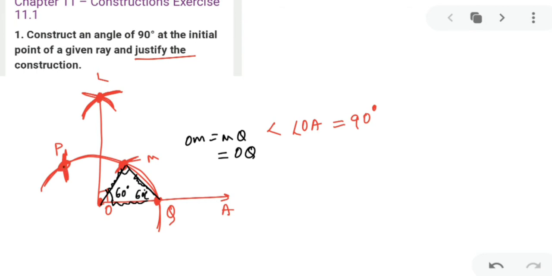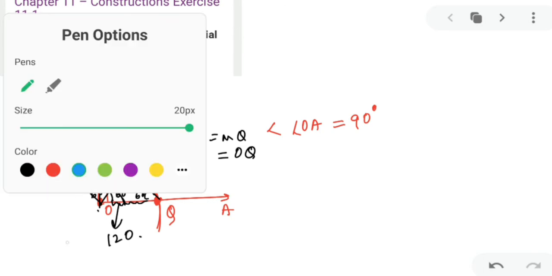Similarly, if you want at the back also, you can join all three. Similarly, this will be an equilateral triangle with 60 degrees each. Now, the entire angle POQ will be 120. If I take LO as the angle bisector, this will become 30, my dear kids.